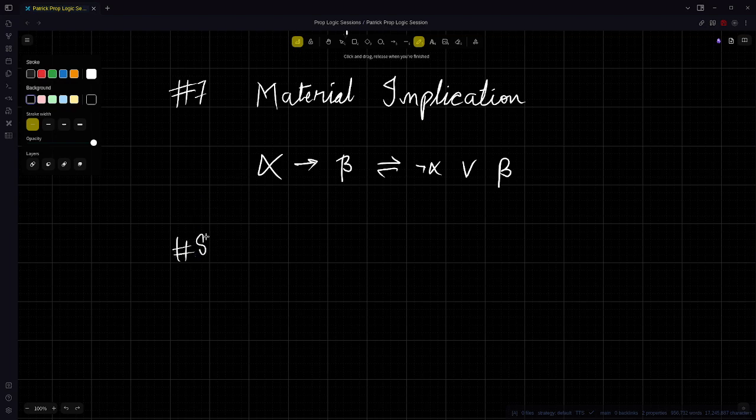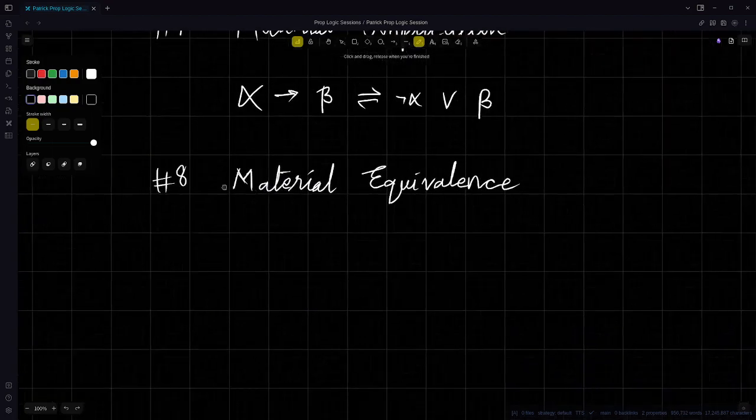Then we have the next one, material equivalence. There are two of these.